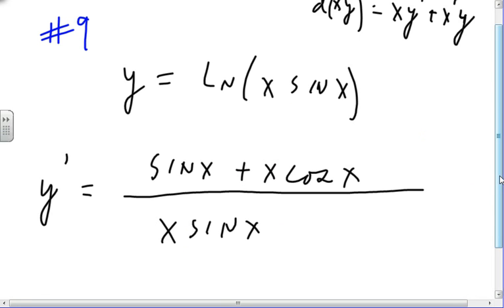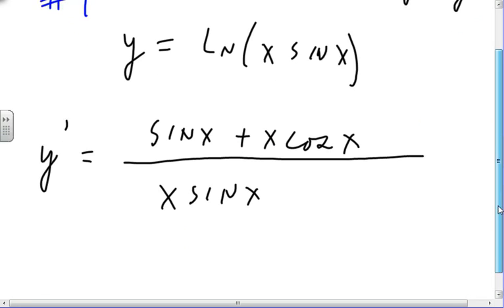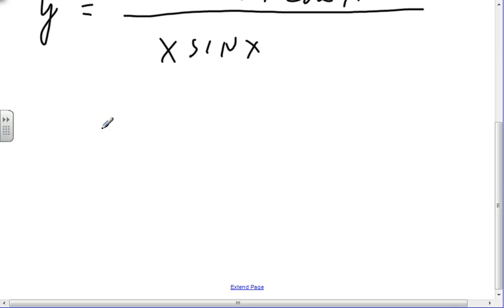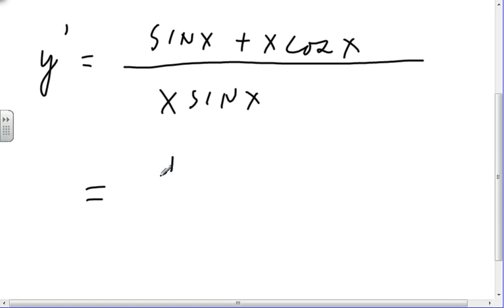Okay, like terms. So you could write it, I would leave it the way it is, but you could write it 1 over x plus cotangent x. You could write it like that, but that would show a certain amount of anal perversion, probably.